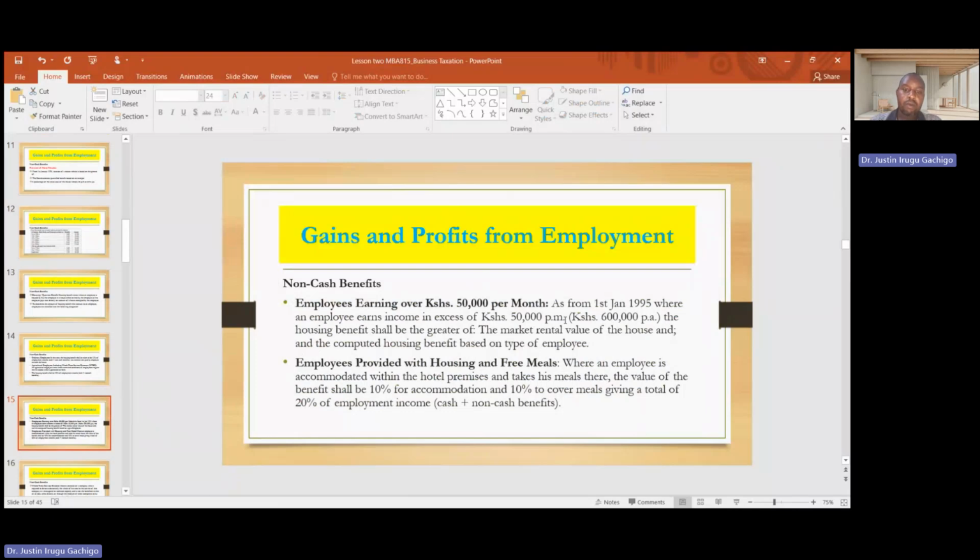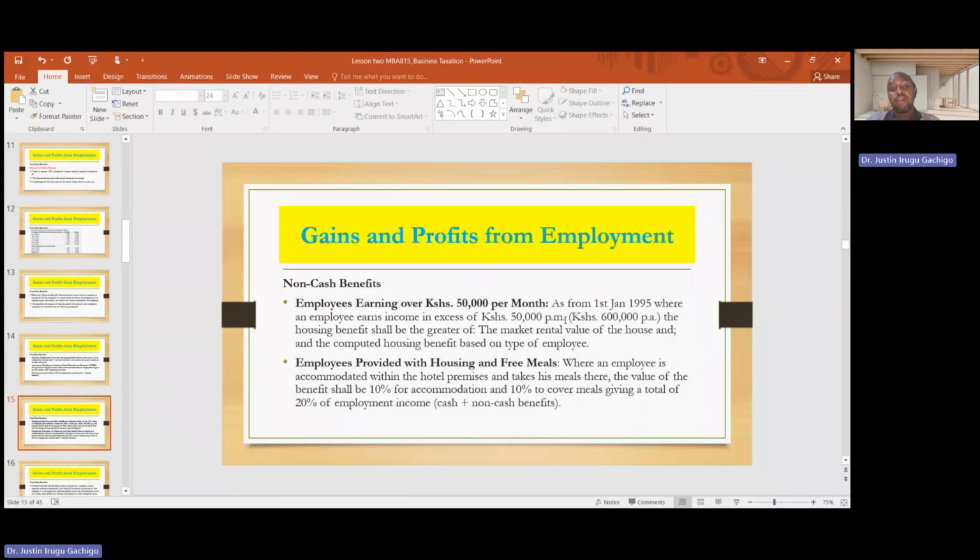Then employees provided with housing and a free meal: where an employee is accommodated within hotel premises and takes his meals there, the value of the benefit shall be 10% for the accommodation and 10% to cover the meal, giving a total of 20% of employment income. So again, for example, for some reason you may be given accommodation by your employer and you stay in a hotel.